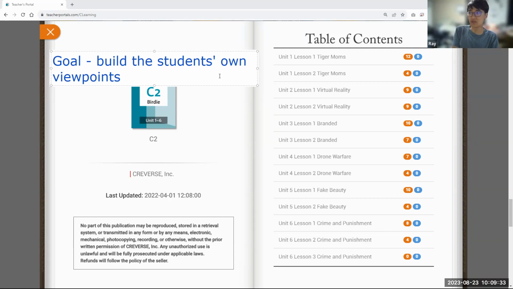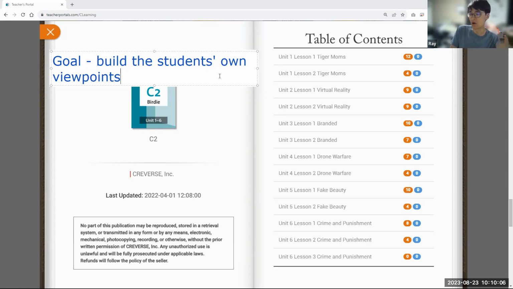In C2 low mid, usually there are two perspectives about a certain topic, and we're trying to get students to understand both viewpoints, because as they level up and move on to the higher levels, they're going to need to understand more than one viewpoint or perspective. C2D, C2 debates, which we'll go over in about 2 hours, usually has at least 3 different viewpoints that could be used.